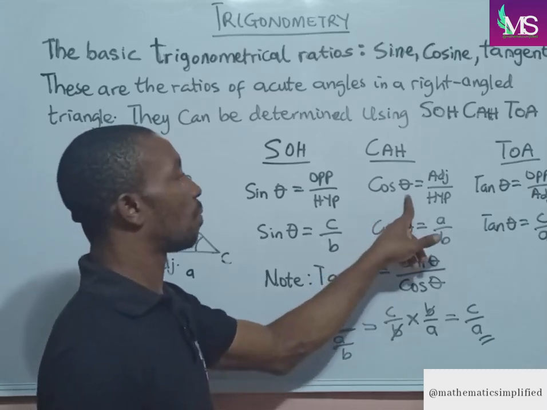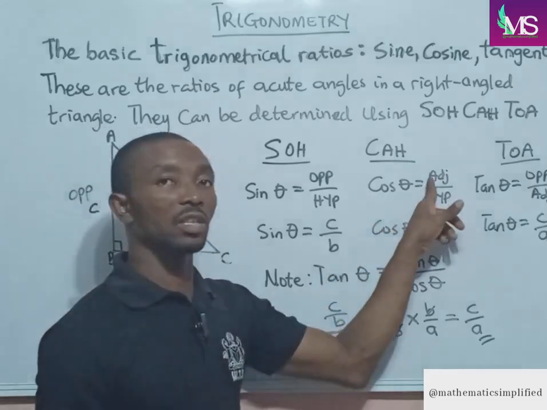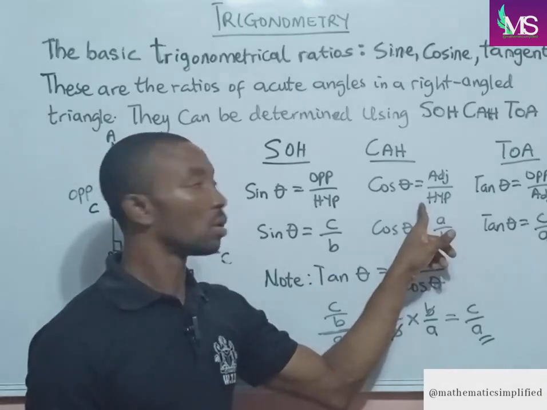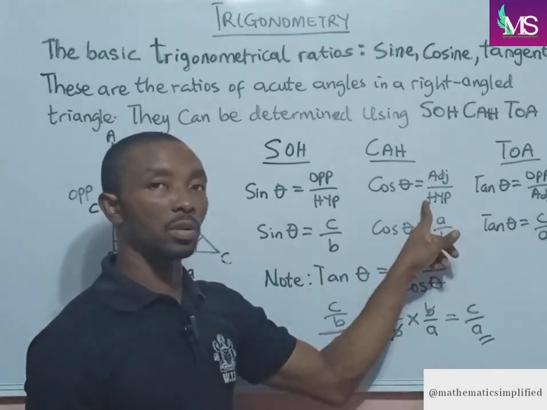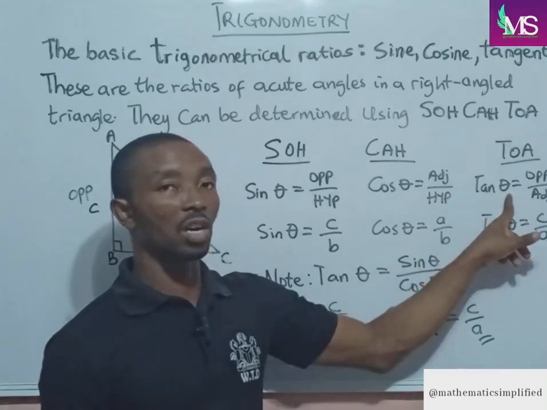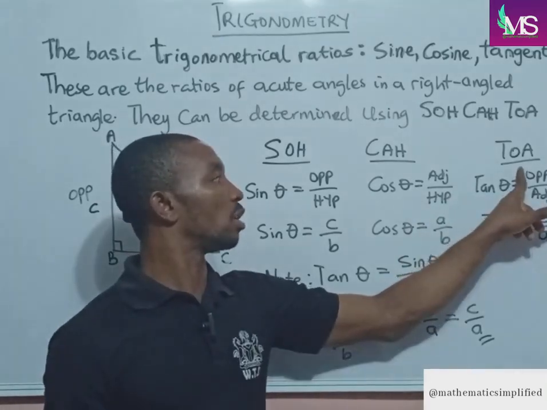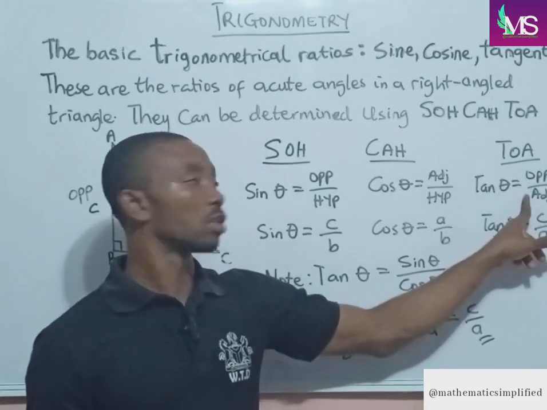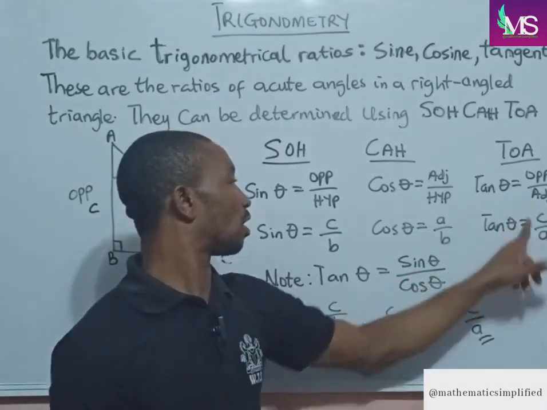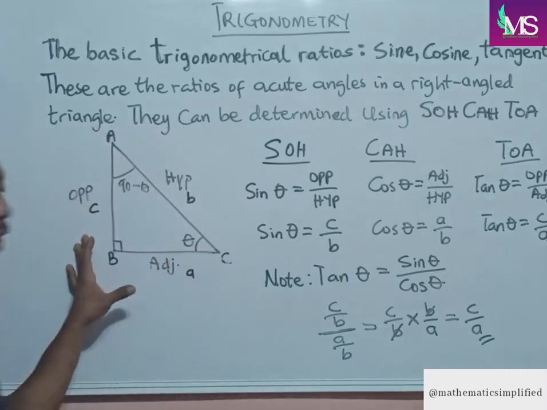For cos theta, we have adjacent over hypotenuse. And for tan theta, we have opposite over adjacent.